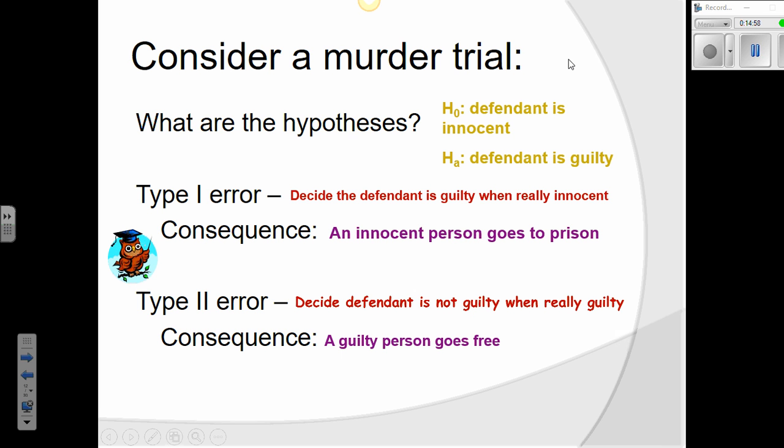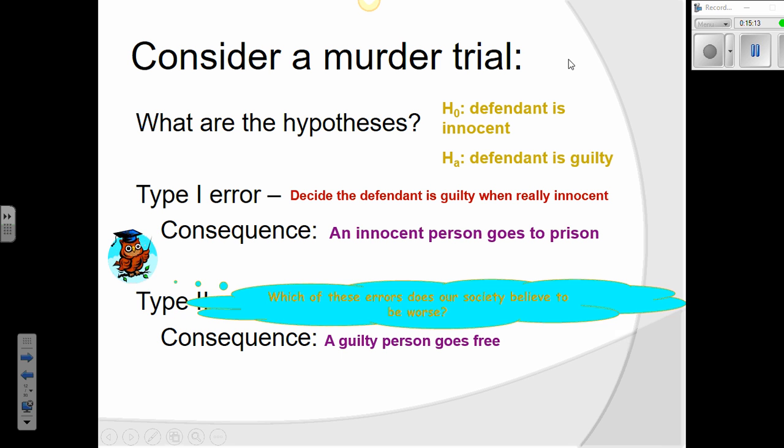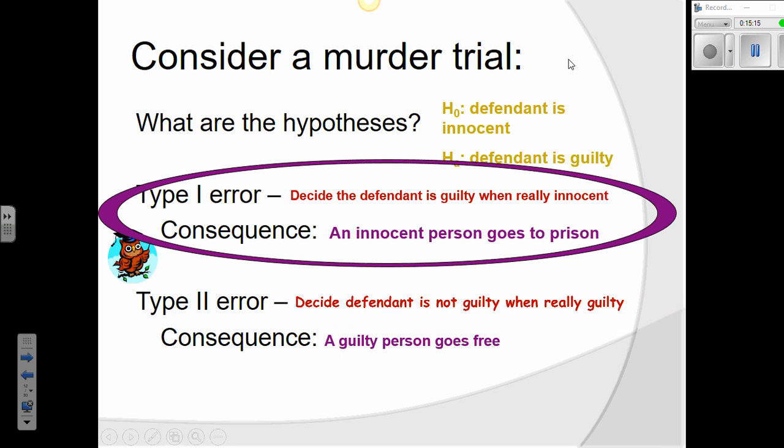As a society, what do you guys think that we think is worse? Putting innocent people in jail or setting guilty people free? As a society, which one do we think is worse? Type 1. Type 1 is definitely worse, right? This is why the court systems say, beyond a shadow of a doubt, there is overwhelming evidence, correct?